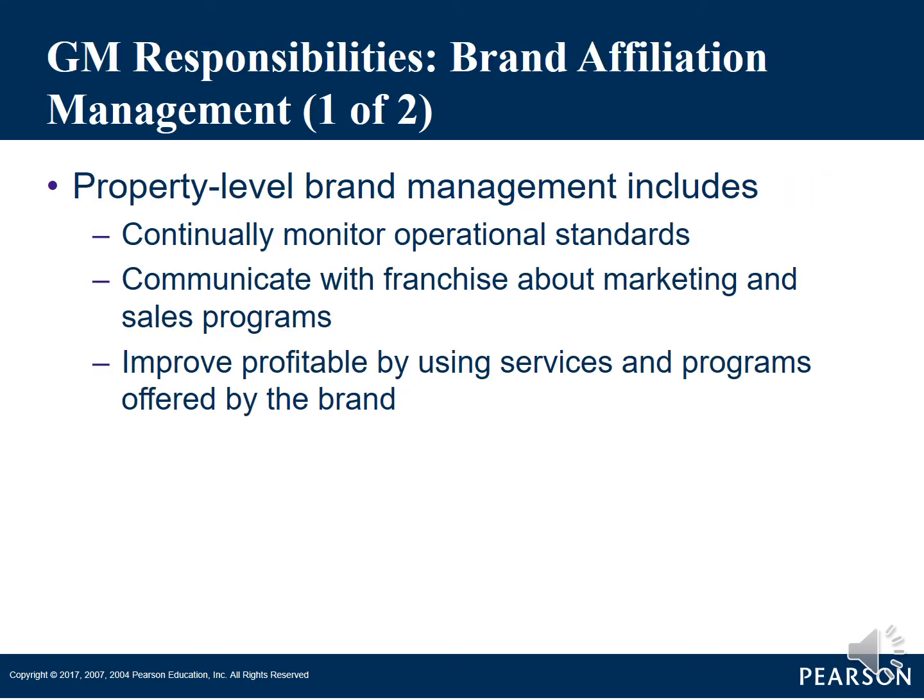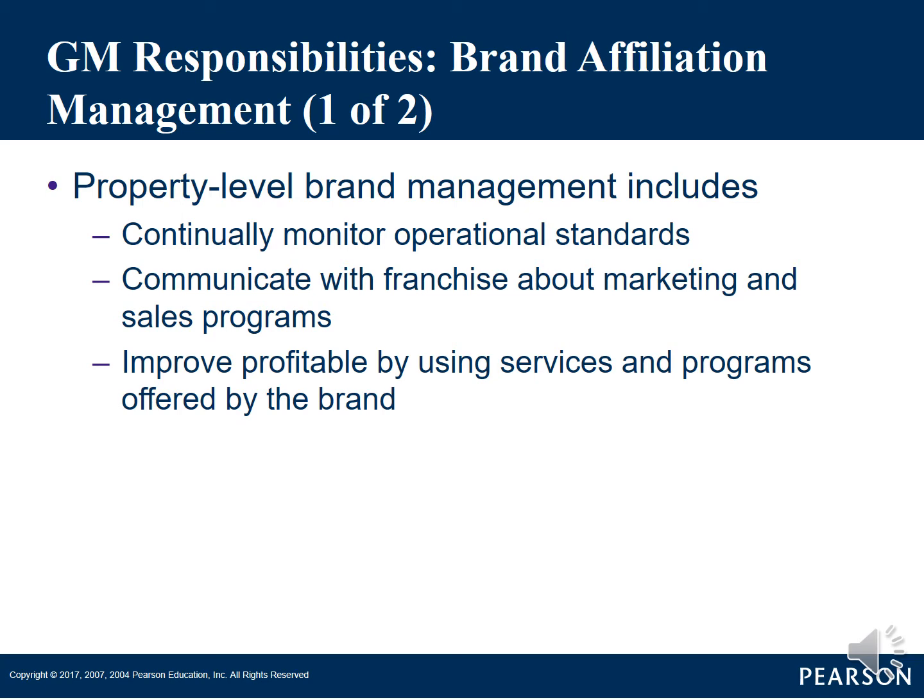So, brand affiliation management is a little different. Property level brand management includes continually monitoring operational standards. It also includes you communicating with the franchise about marketing and sales programs, and how to improve profitability by using services and programs that are offered by the brand, right?